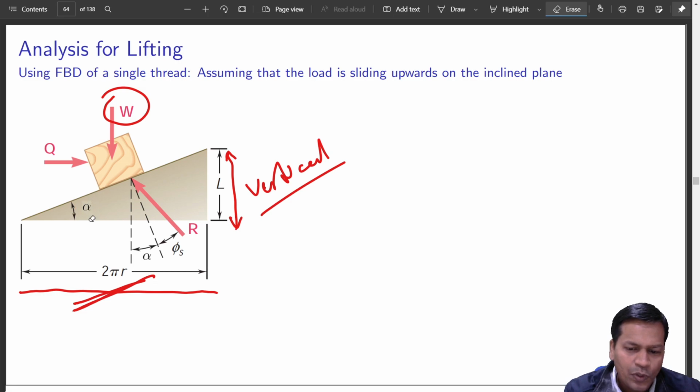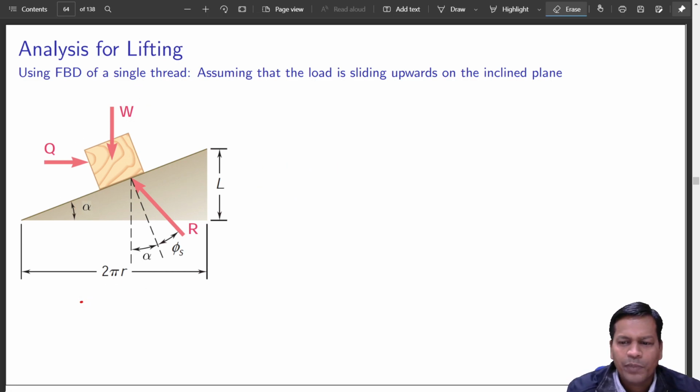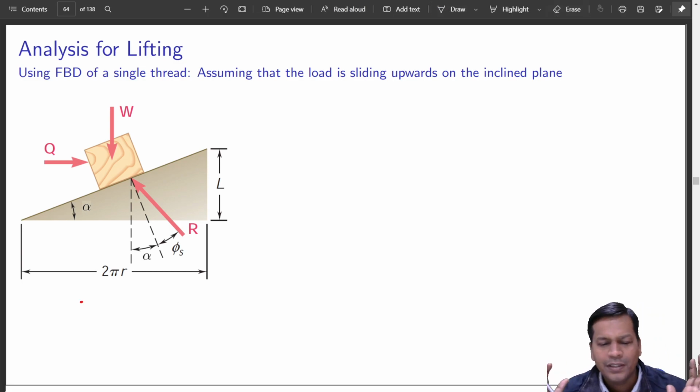Okay, so hope you got how we are going to analyze this now. So this becomes our standard inclined plane and block problem. Now we can analyze the way we want. Forget about the thread anymore.